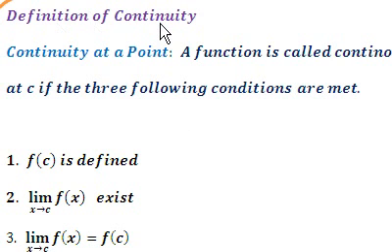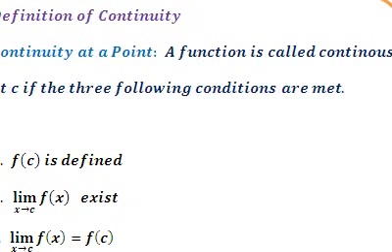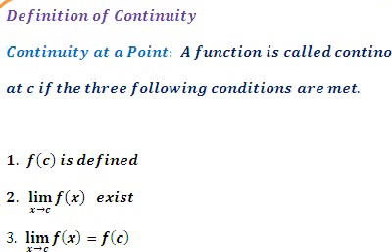This is the definition of continuity, and we're going to be looking specifically at continuity at a point. We say that a function is called continuous at c if the three of the following conditions are met.